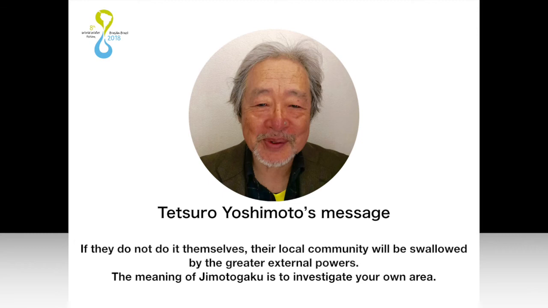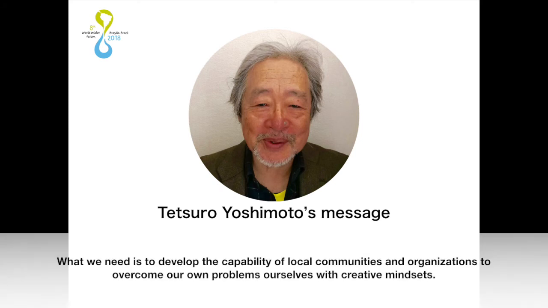If they do not do it themselves, their local community will be swallowed by the greater external powers. The meaning of Jimotogaku is to investigate your own area. What we need is to develop the capability of local communities and organizations to overcome our own problems ourselves with creative mindsets.